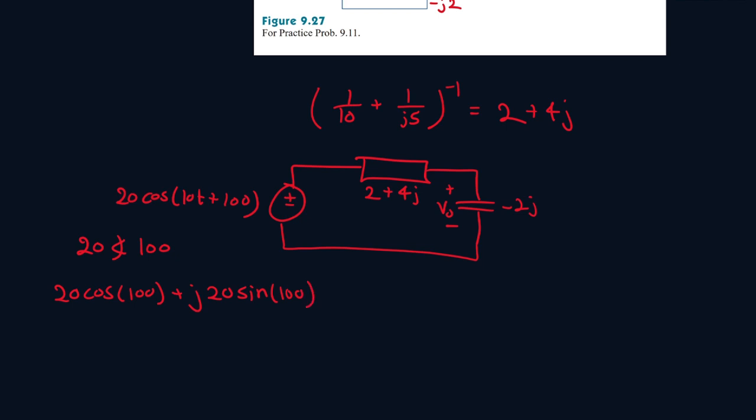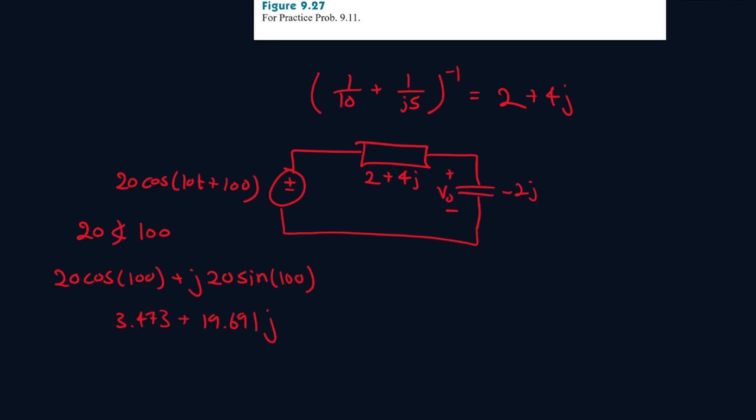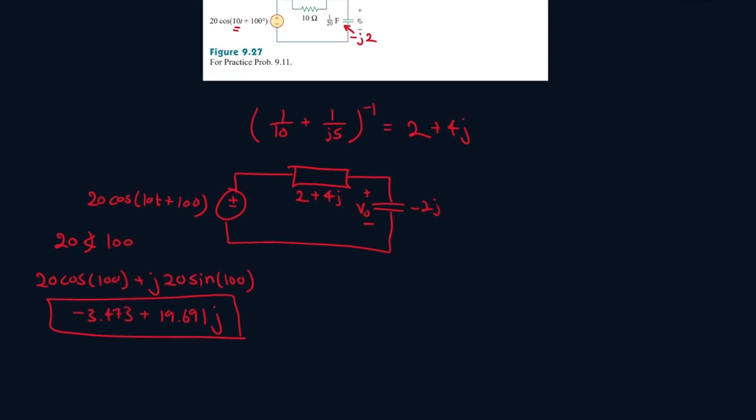So 20 cos 100 is minus 3.473, plus 20 sine 100, which is 19.691J. So we're going to have our voltage source be represented by this.